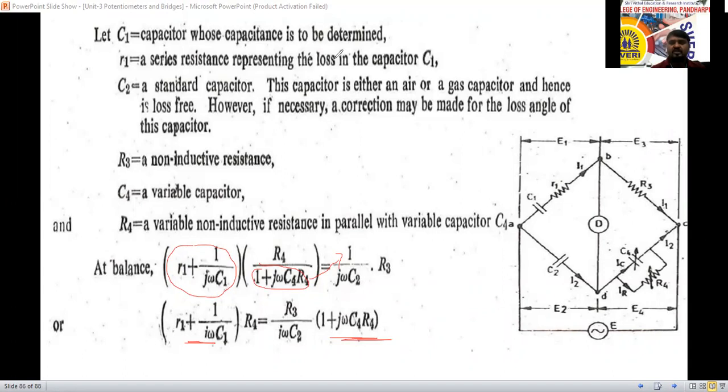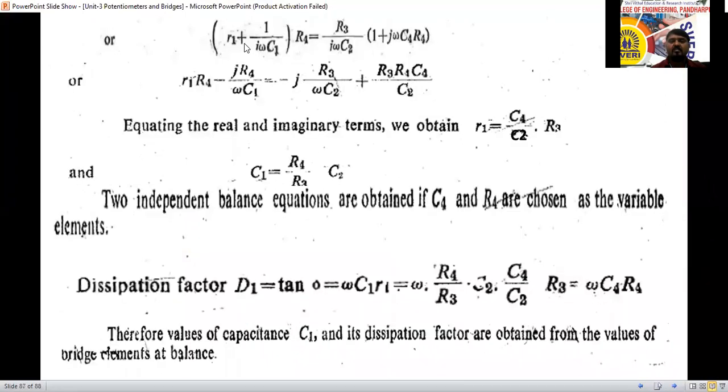Next step, we have to multiply R1 into R4. By splitting the terms, we are going to get R1 R4 plus j omega C1 R4 equal to R3 j omega C2 into 1 plus j omega C4 R4. The previous equation is as it is.